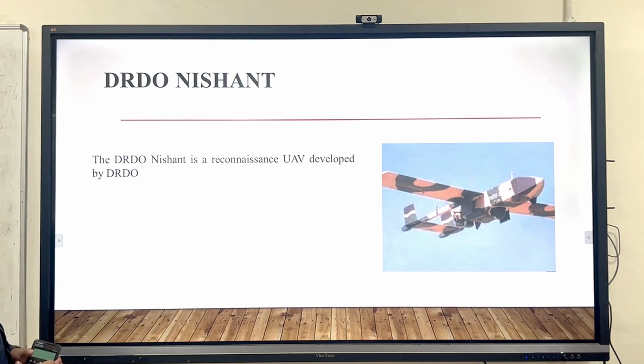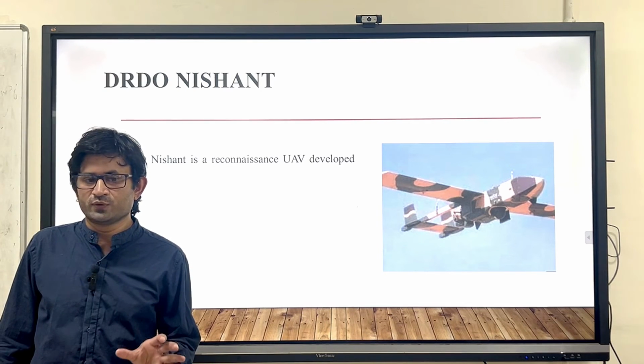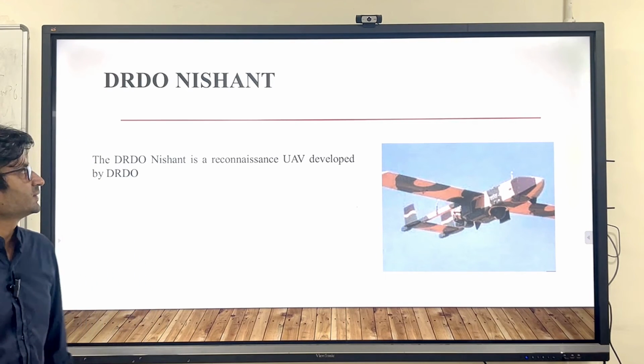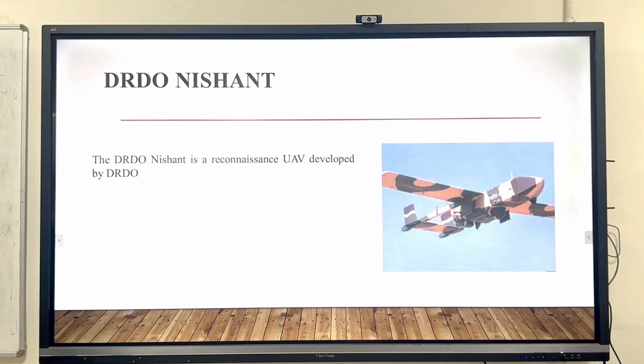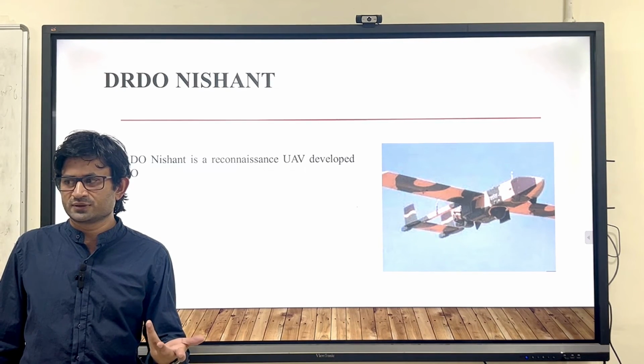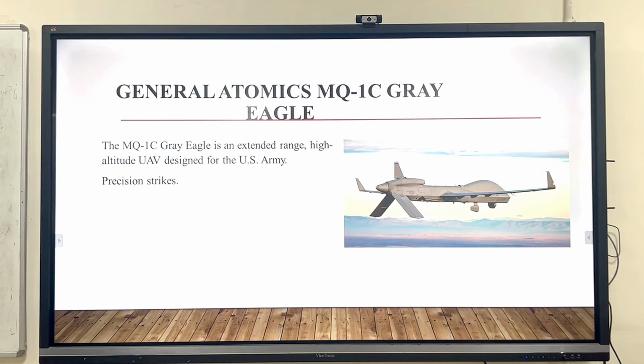We should not forget that India has also built some very good UAVs, and India is now growing rapidly in the unmanned aircraft area. This is the Nishant UAV, which weighs around 383 kg, and this is the MQYC UAV.